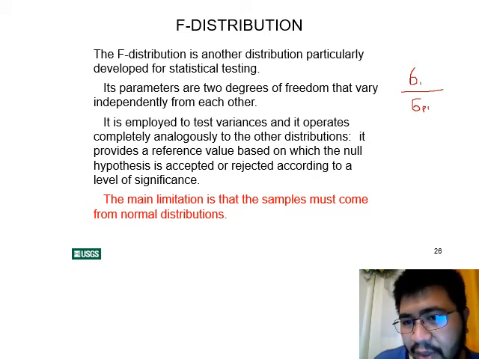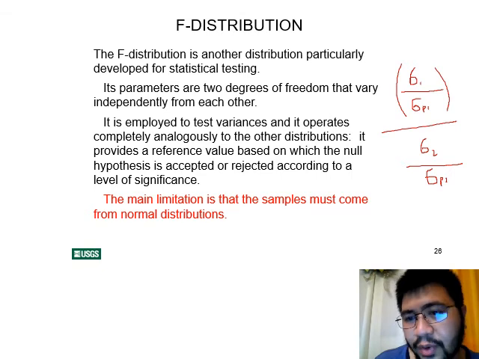Sorry, so this is sigma, standard deviation, and then divide it by the standard deviation of another group, of the sample of the other group, which is also divided by the standard deviation of the population of that group. All right.